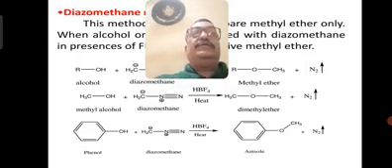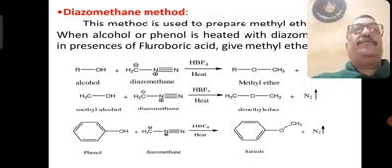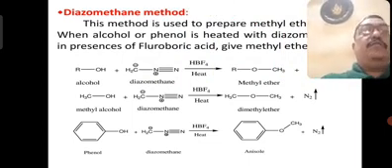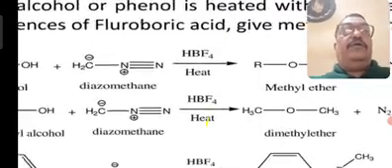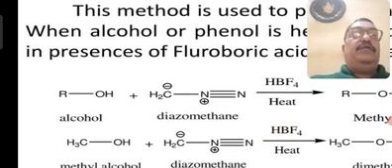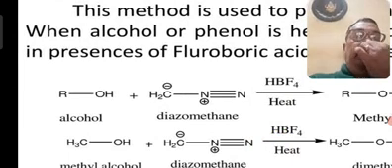Now, another example is using the diazomethane compound. You can see here, when alcohol ROH is treated with diazomethane, what is diazomethane? It is CH2 minus, N triple bond N, with the central nitrogen having plus.